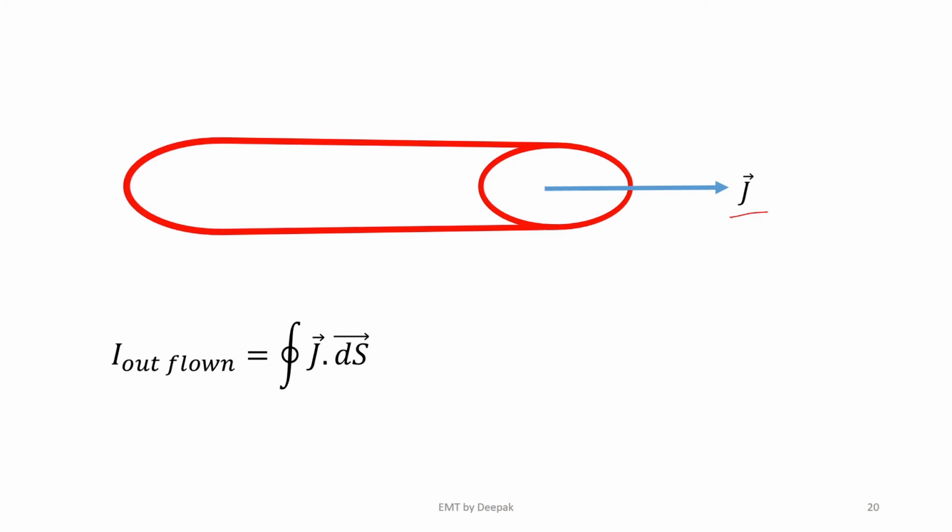If we assume a closed surface, then the current flowing out of this closed surface can be obtained by the closed surface integral of J bar dot ds.